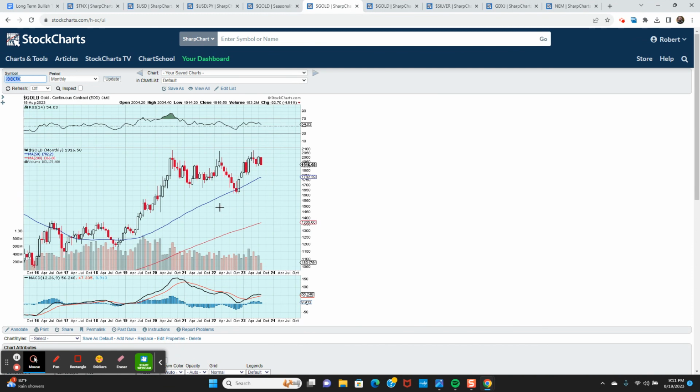And you may say, well, it's just a moving average. It's like some random number that changes every month. But look at where gold stopped going lower last year. Okay, it's not perfect.